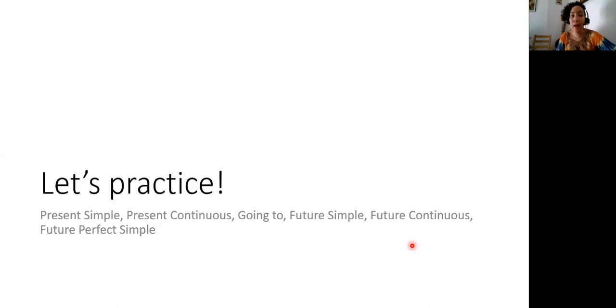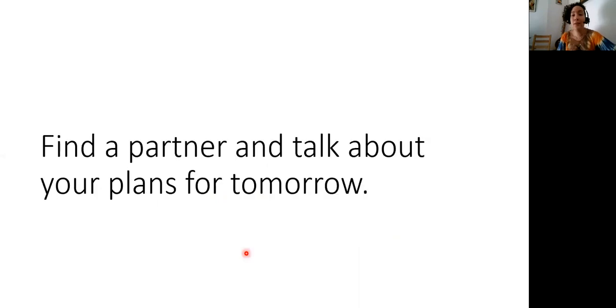Great. Now you're going to practice. You have to decide which is the best to use in your particular case. Present simple, present continuous, going to future simple, future continuous, or future perfect simple. You decide, okay? And here it says, find a partner and talk about your plans for tomorrow.